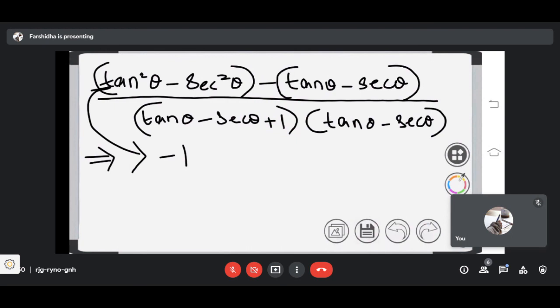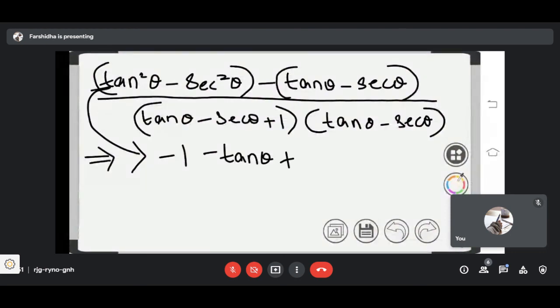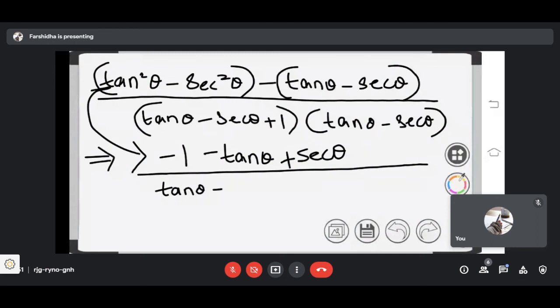That means inside the bracket, tan theta will become minus tan theta, and minus sec theta will become plus sec theta, divided by, keep it as it is. Denominator, you don't want to change it. Tan theta minus sec theta plus 1 into tan theta minus sec theta.